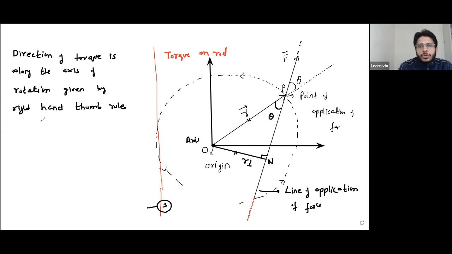There are many methods to get the direction of torque. The one method is if you know the sense of rotation of body, if you know how the body is rotating, say here, the body is rotating anti-clockwise.